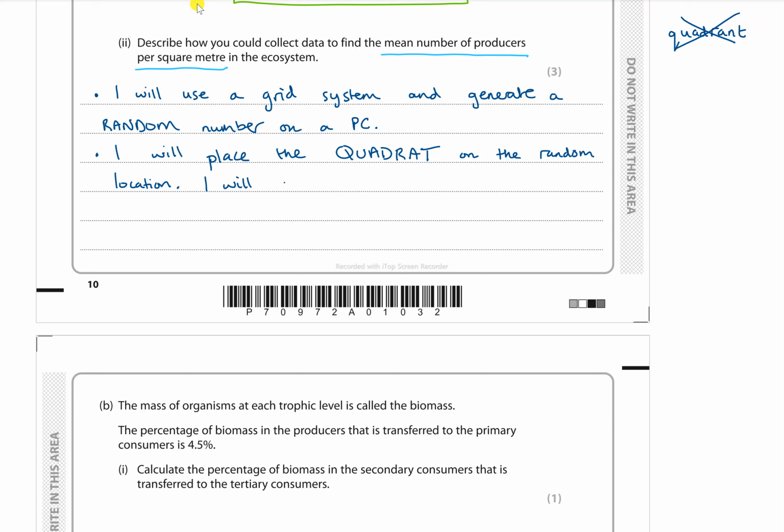I will count the plants. Then I will repeat, say 5 times.